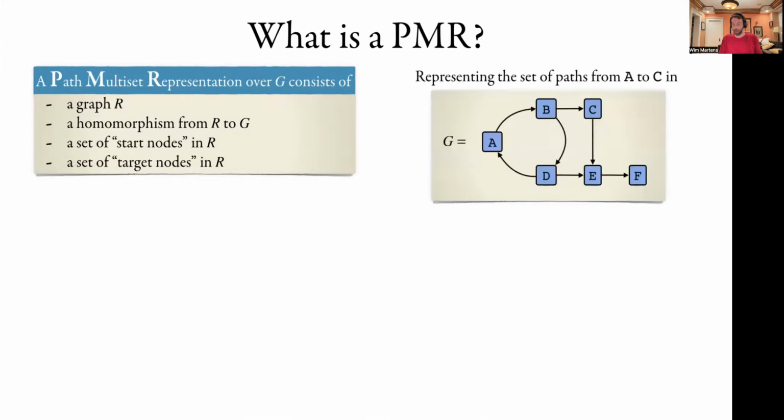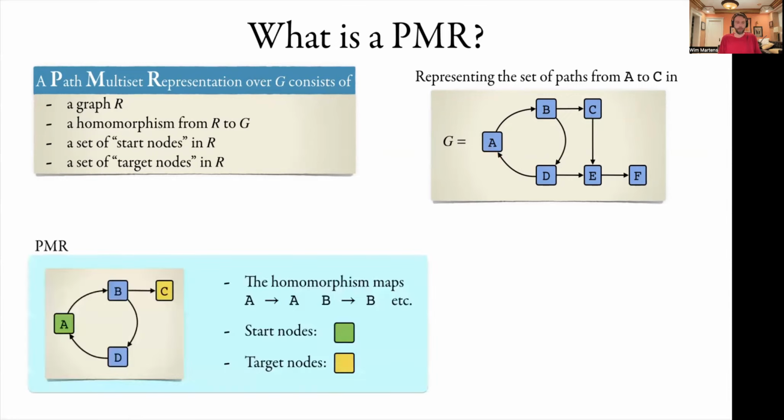So let's look at a couple of examples. In this example, we want to represent the set of paths from A to C in this graph here. Yeah, and this is one PMR that does it. So in this case, the PMR is actually a subgraph of G. Yeah, so the homomorphism is the identity.